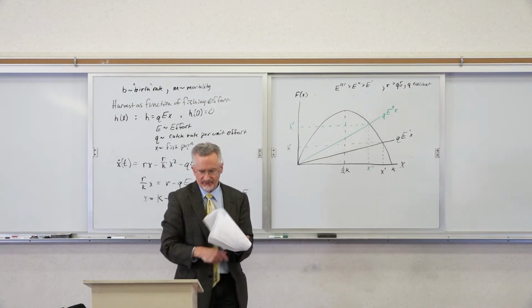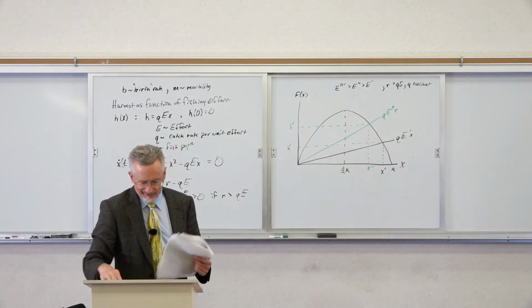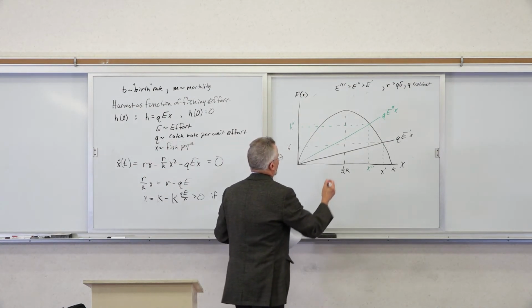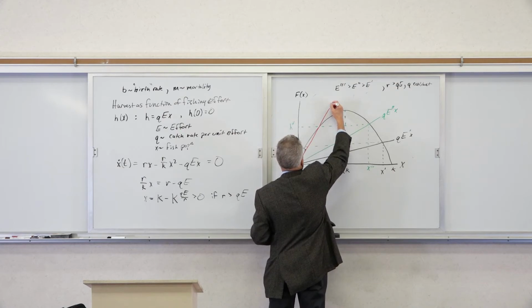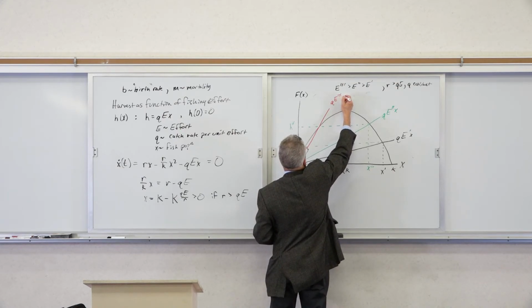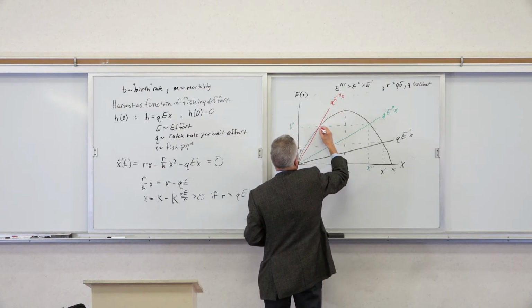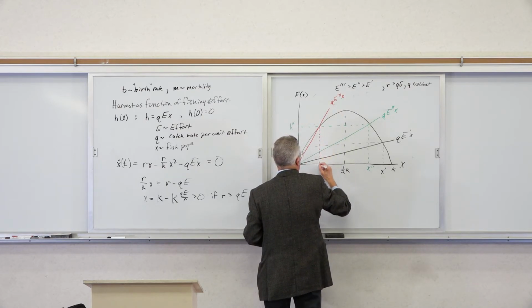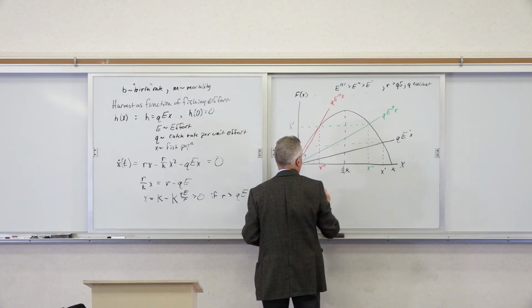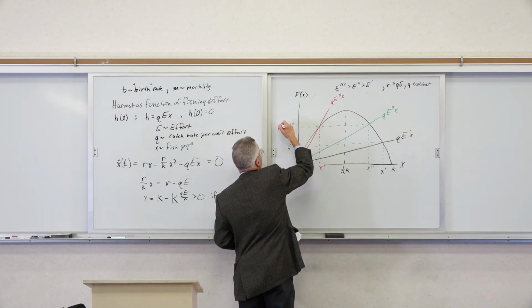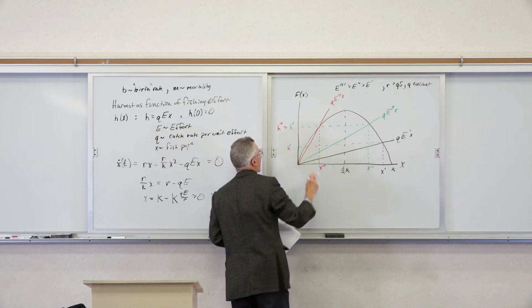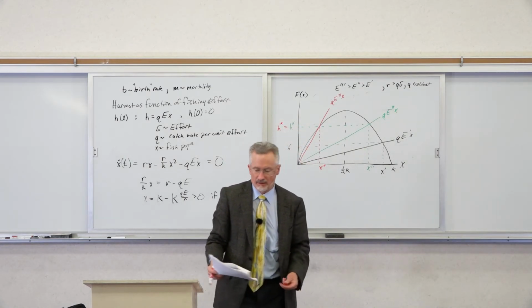Okay, nice and environmentally friendly green. Let's do one more. There's Q triple prime of X. And that gives us a population of X triple prime. And it also gives us H triple prime as our harvest, equals to that.